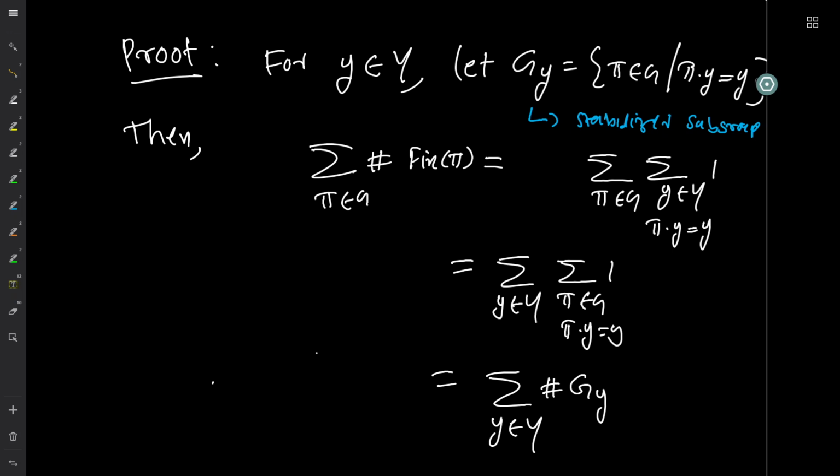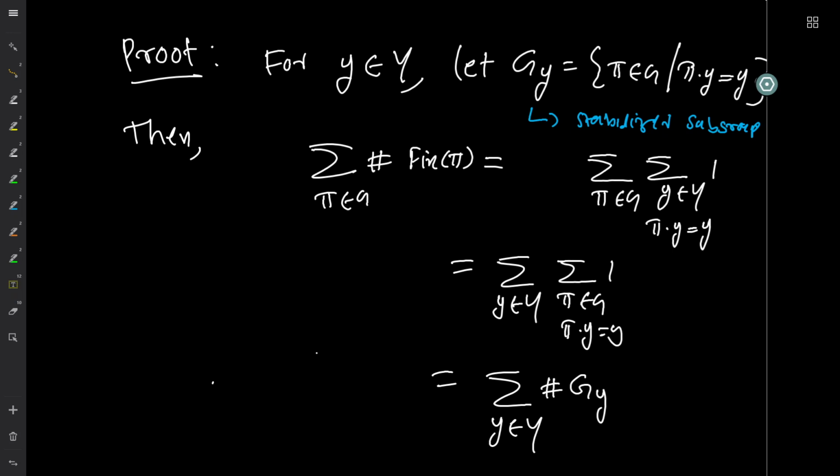That cardinality can be obtained by summation over y in Y, where pi is fixing y, of 1. But now I can change the order, because I can as well count for each element how many permutations fix it. So I can write it as summation over y in Y, summation over all permutations pi in G, where y is fixed by pi.